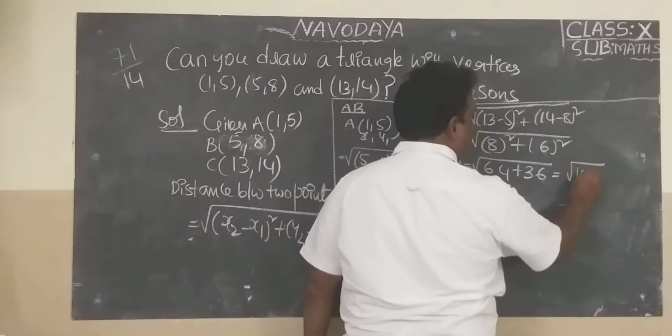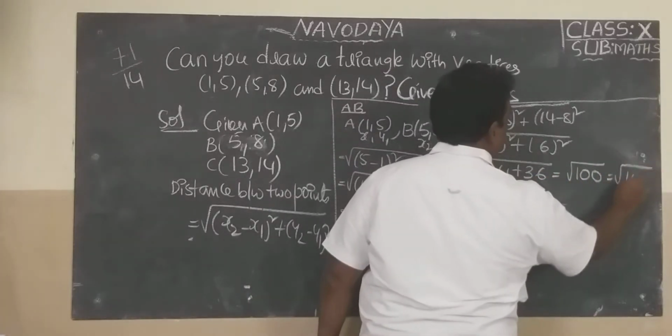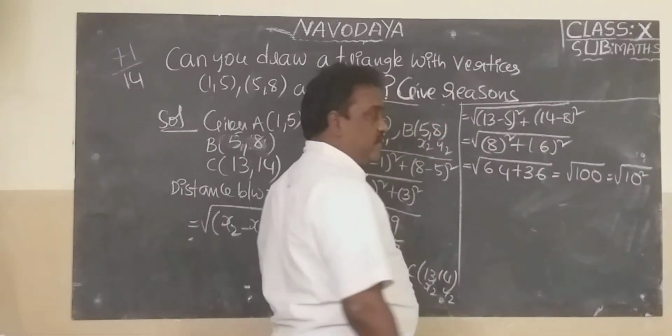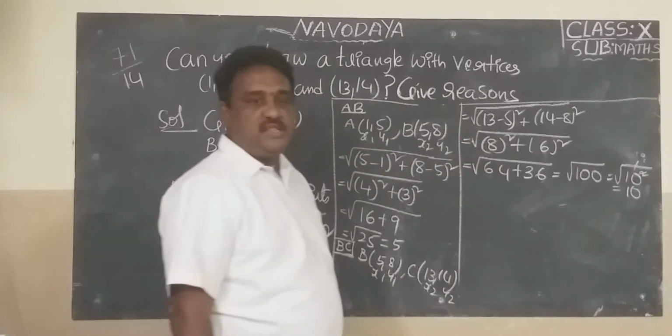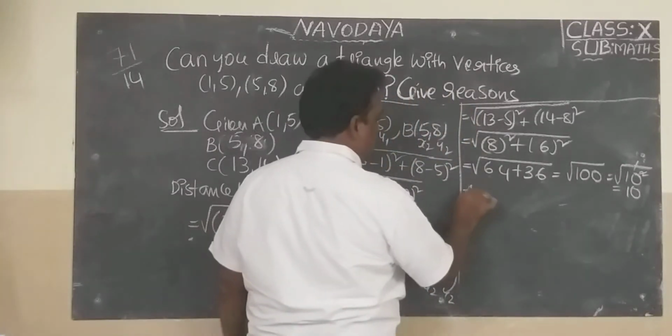Root 100. How to write 100? 10 square. Then the square root cancels, equal to 10. That is BC.